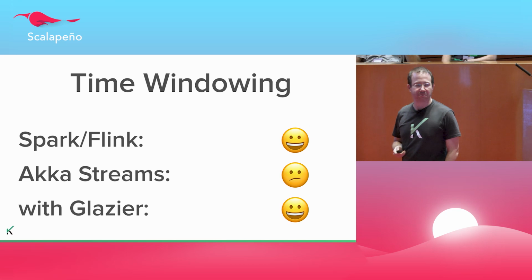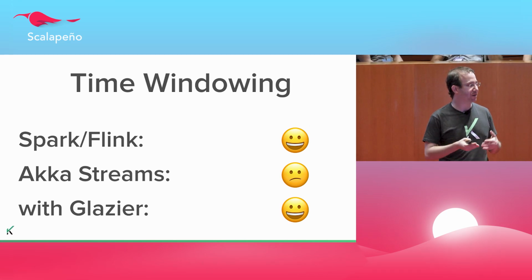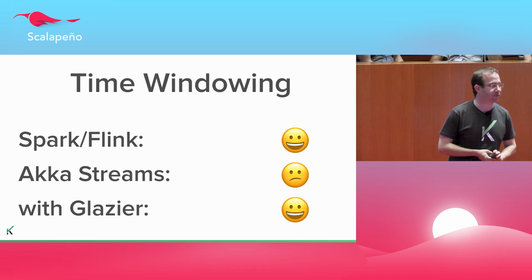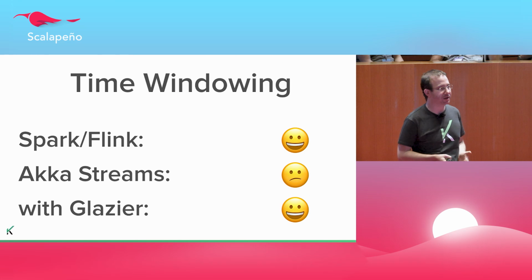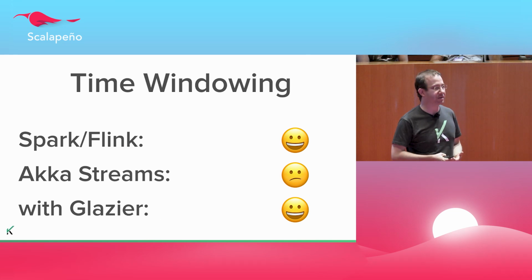So this way, time windowing, as we had available to us before we got started, was lackluster on Akka Streams. We were only able to look at the hardware clock, and this didn't fit our need of treating timing data as part of our data.